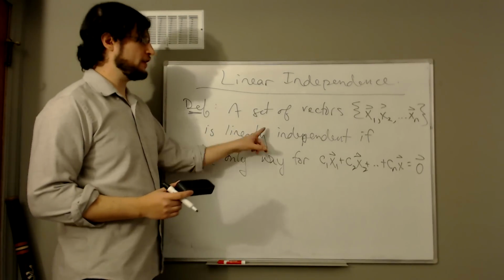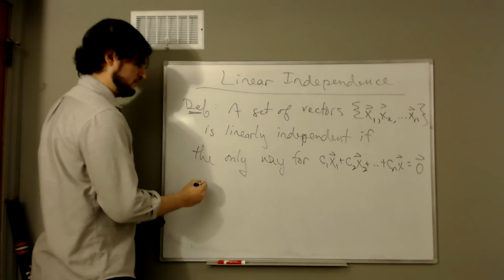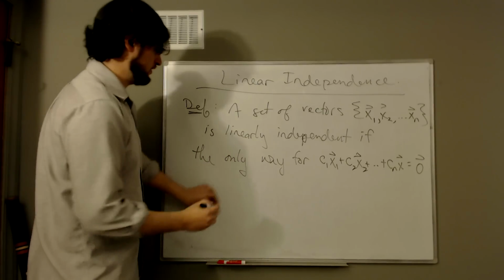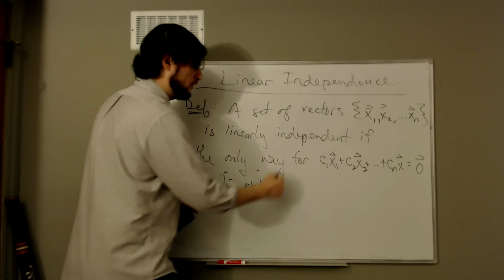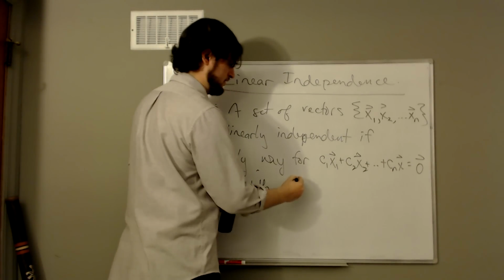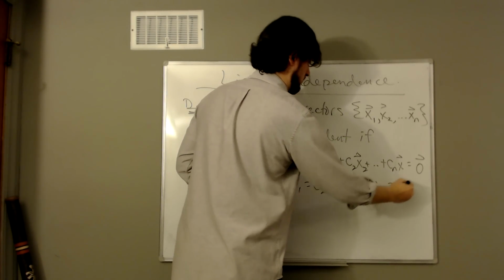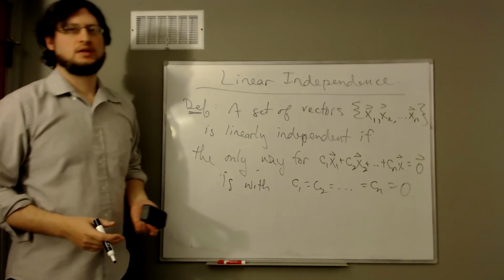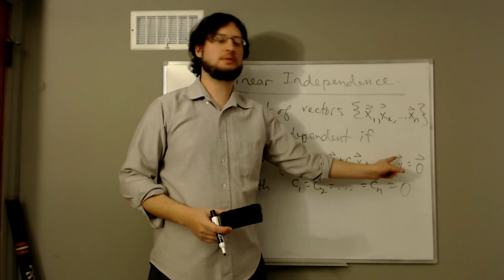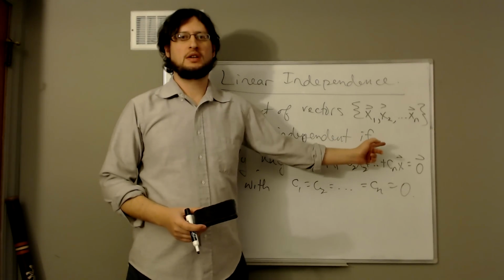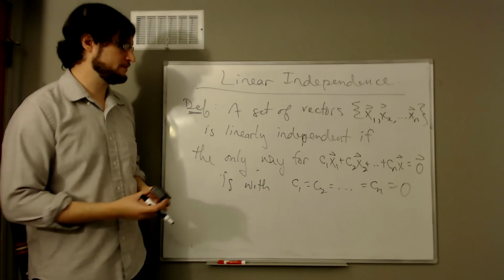And we're going to say that these vectors are linearly independent if the only way to do that is with all of those constants to be 0 themselves. Because notice that if I put c1 is 0, c2 is 0, c3, all the way to cn equals 0, that certainly works. We're saying that vectors are linearly independent if there's no other way to do that.